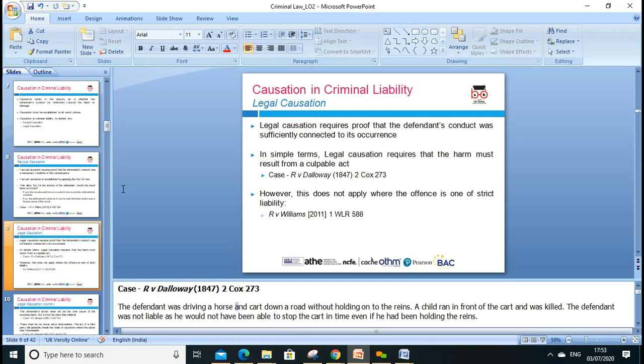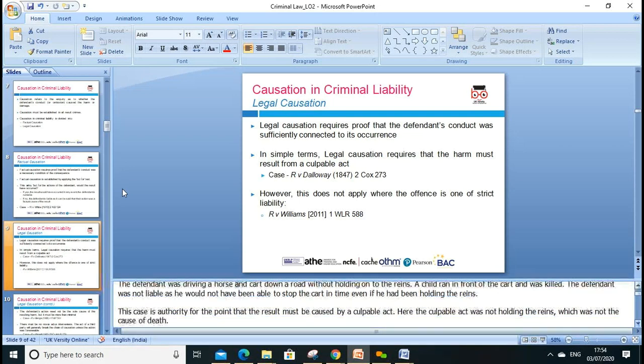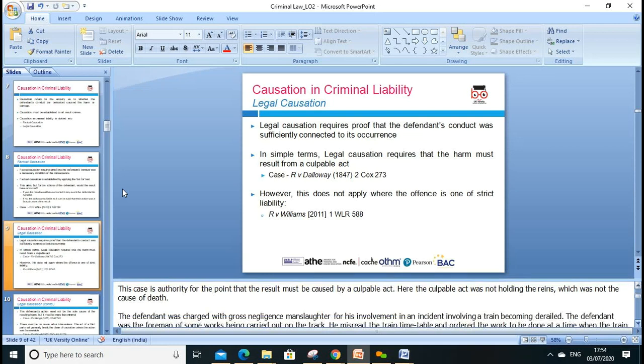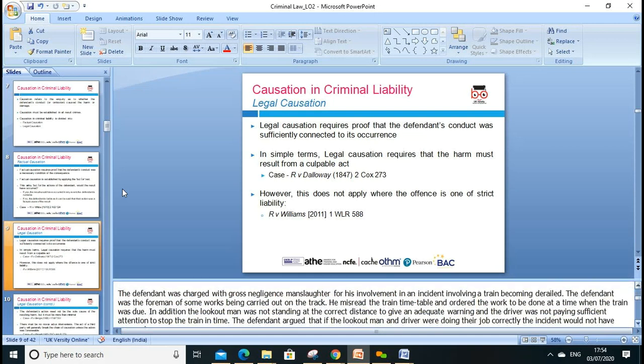The defendant was not liable as he would not have been able to stop the cart in time even if he had been holding the rein. So the case is authority for the point that the result must be caused by the culpable act. Here the culpable act was not holding the rein, which was not the cause of the death. If it was the cause of the death, then it's fine.